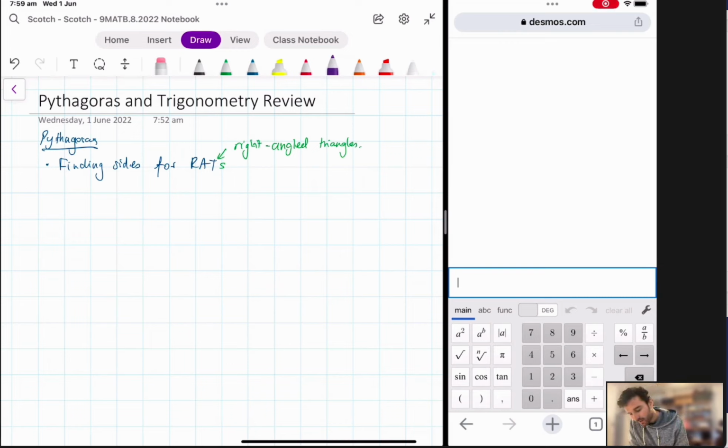We can either find, and I'll just show the three equations. So it firstly comes from our rule, c squared is equal to a squared plus b squared. And then we can break apart this rule using algebra to make three rules. So if you want to find c, use this one.